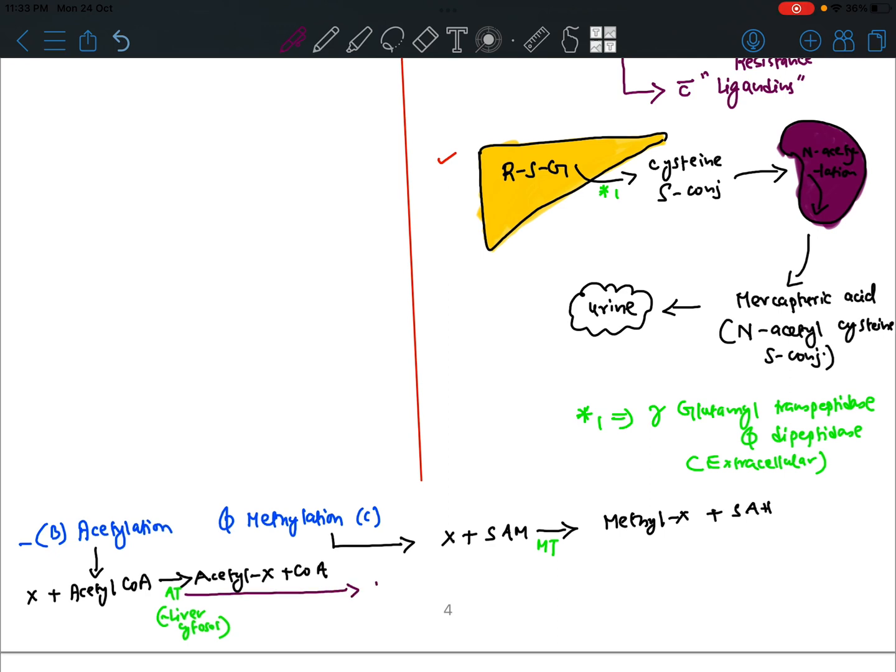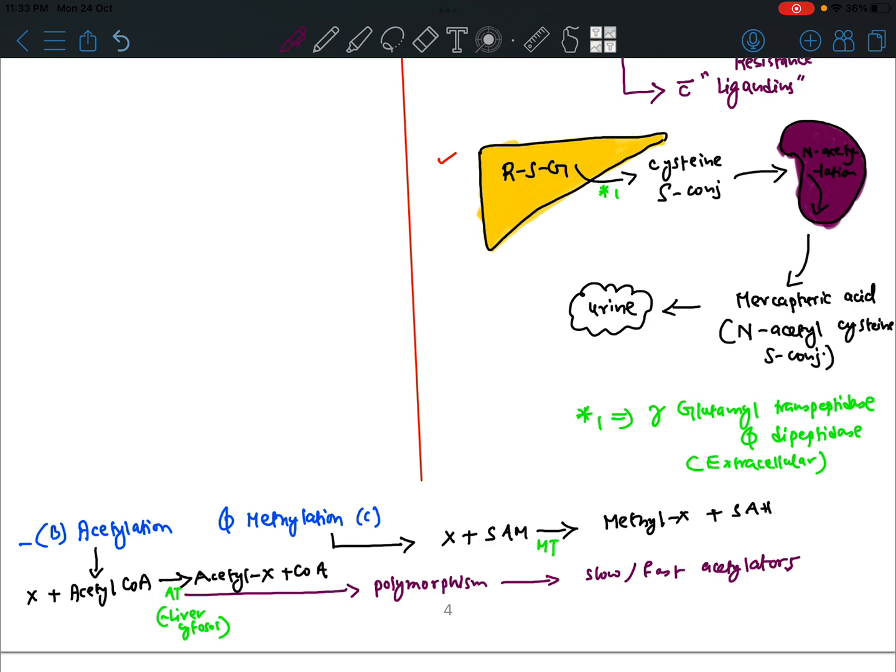If we have polymorphism in these acetyl transferases, this will lead again to slow or fast acetylators, so slow or fast metabolism, similar to previous explanations.